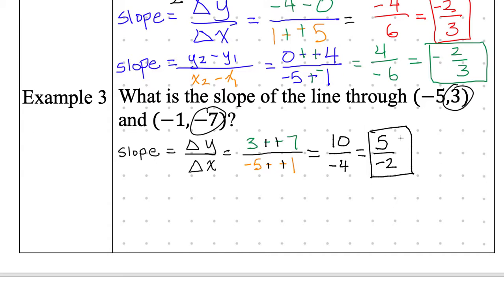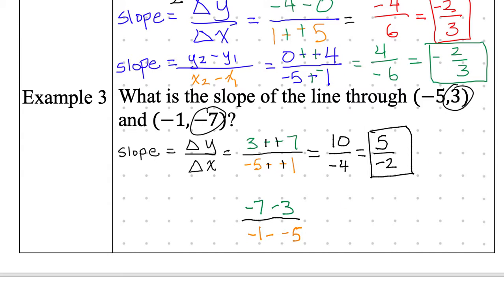Usually if you... So wait. Oh, you did a different order than me. So if I do it the other way, if I do the second one minus the first one, then the way that would look is negative 7... Sorry, let me do this in green. The other order would be negative 7 minus 3, all of that divided by negative 1 minus negative 5.